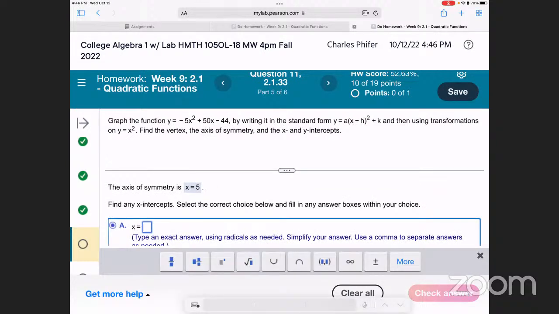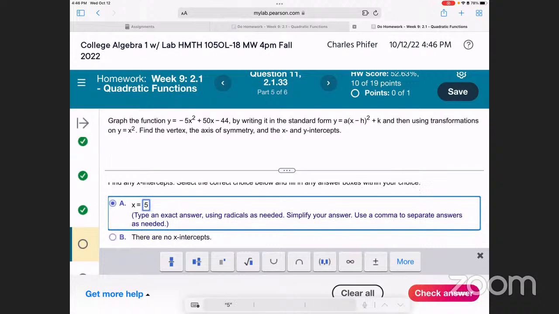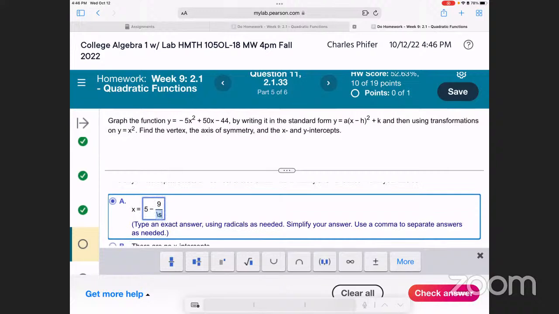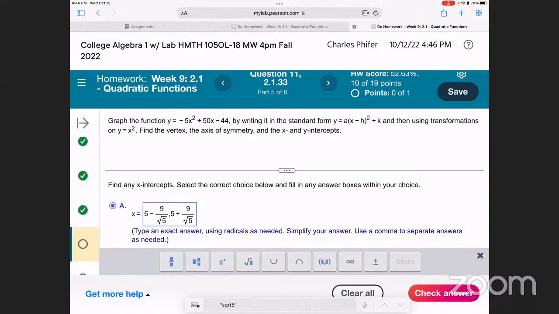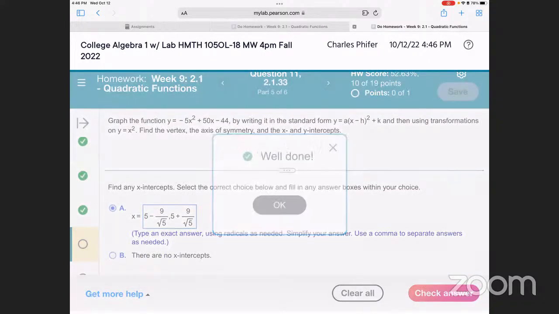I think it was 5 minus 9 divided by the square root of 5, comma, and then 5 plus 9 divided by the square root of 5. So I think that's it, all right? For the x-intercept, because I wanted exact answers using radicals.